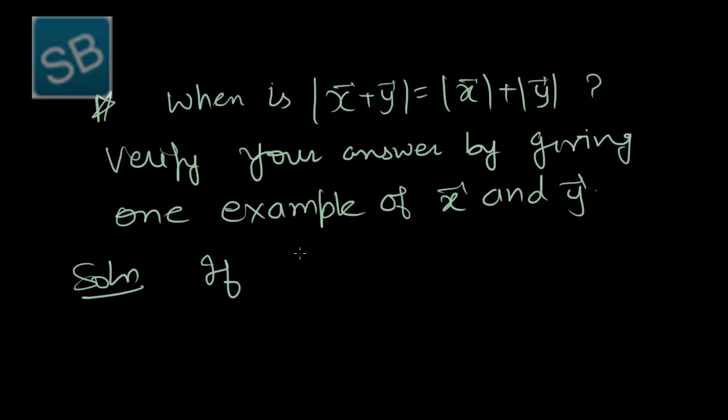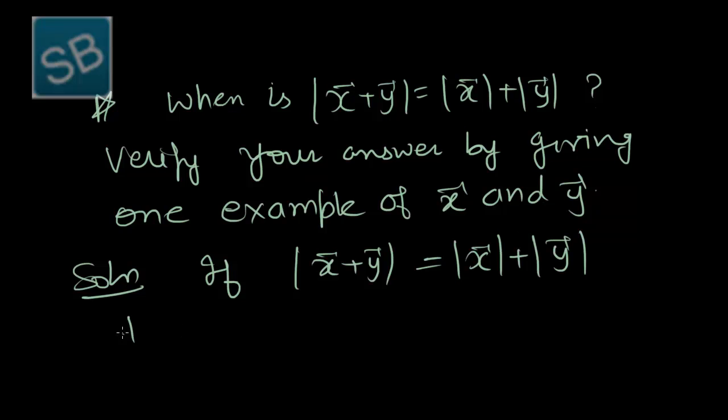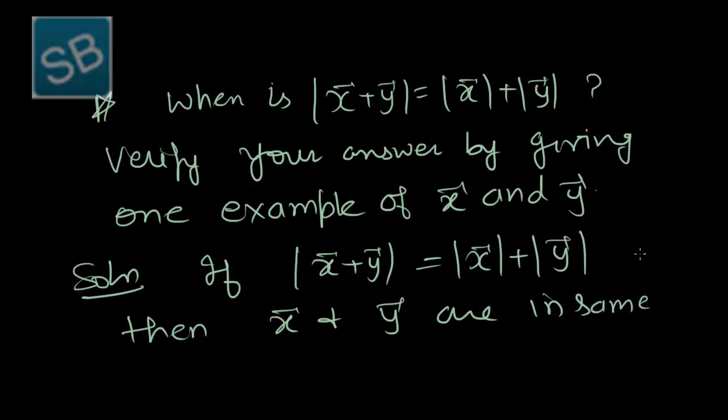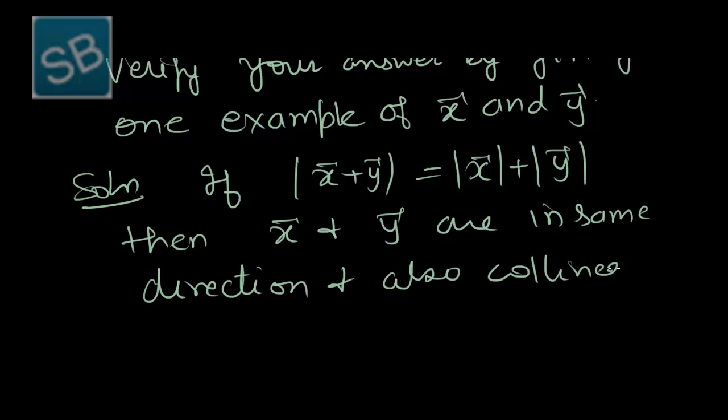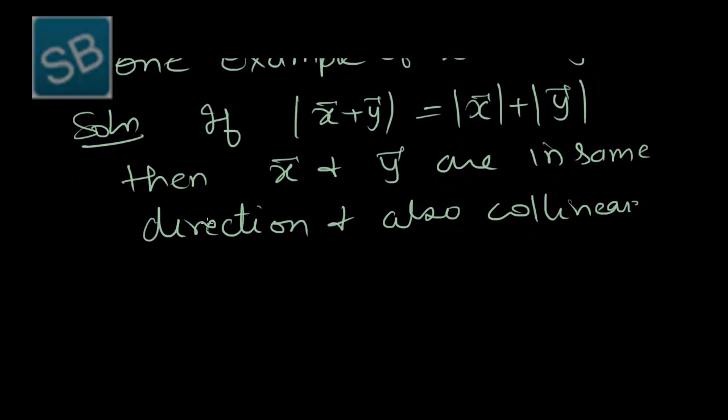If the modulus of vector x plus y is equal to modulus of x plus modulus of y, then x and y are in the same direction and also collinear. Now we have to give an example here, that is a requirement.